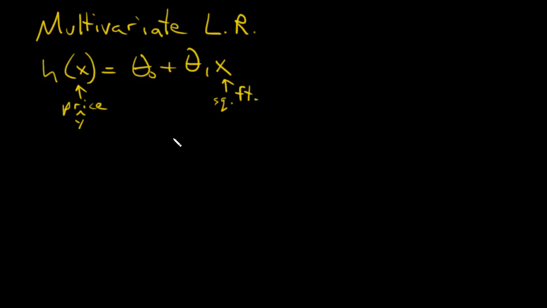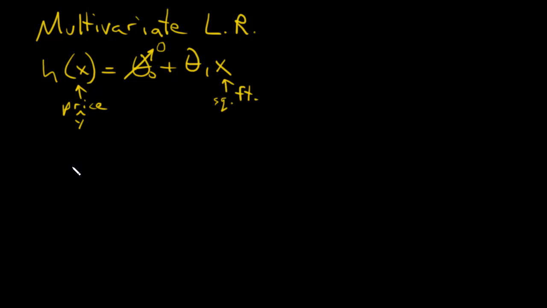That's what we started with, and the only feature that we looked at was square footage. As a matter of fact, in our simple example, theta 0 was 0, so all we had to worry about was finding the parameter theta 1, which turned out to be not that hard. Now, though, as we increase the complexity of the model, things are going to get a little more complicated.